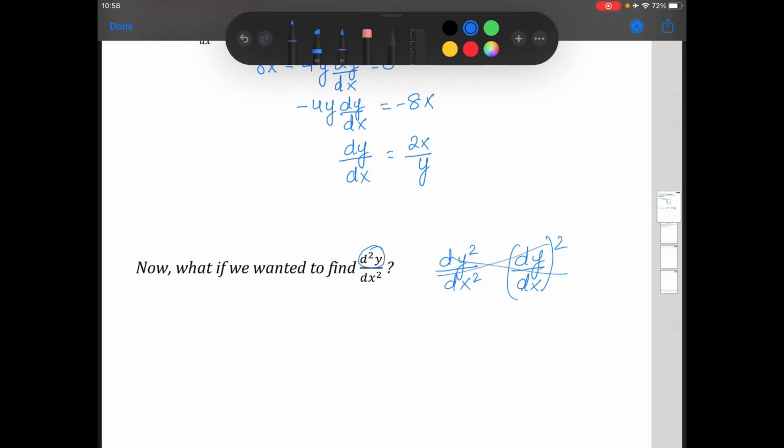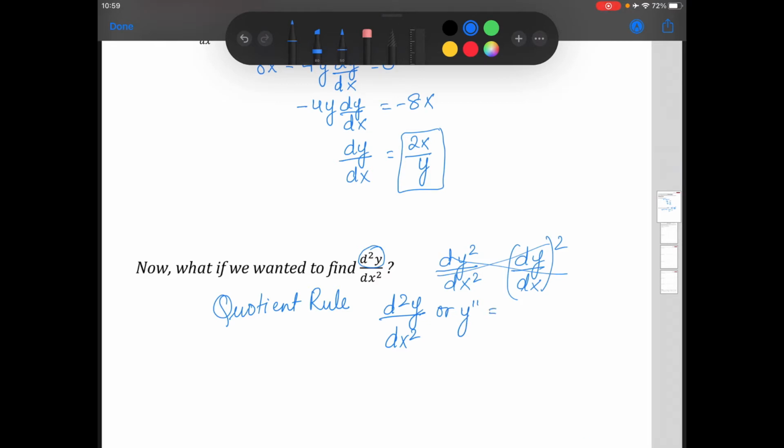We write it as d squared y over dx squared, right? Here we'll be using our quotient rule. Once you take the first derivative, you're going to take the derivative of that. Use the quotient rule and rewrite it like this, which is the same thing as writing y double prime.